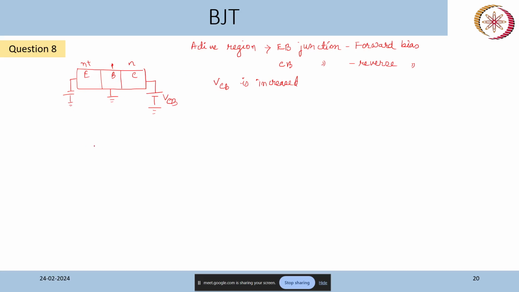So what will happen if WB is the effective base width? This is the total base. This is the depletion region for a particular VCB, and after increasing VCB, this is the depletion width. This is the effective base width.